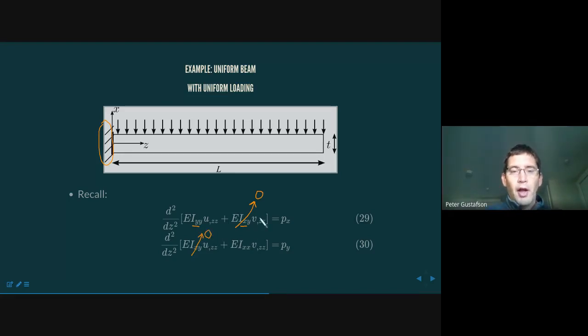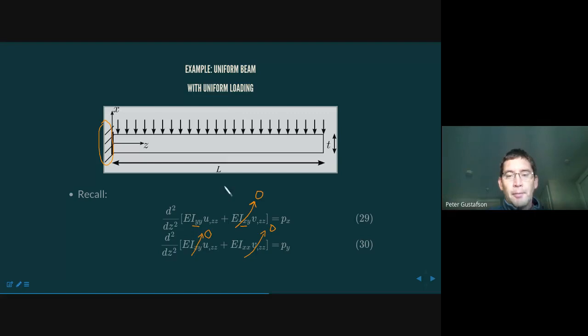And last but not least, we're going to say that the out of plane deflection is equal to 0. If we look at the way these coordinates are set up, we've got z along the long axis and x in plane. So deflections in the y direction are going to be assumed to be 0. So ultimately, we can essentially cross out v terms. So this one here also goes to 0.